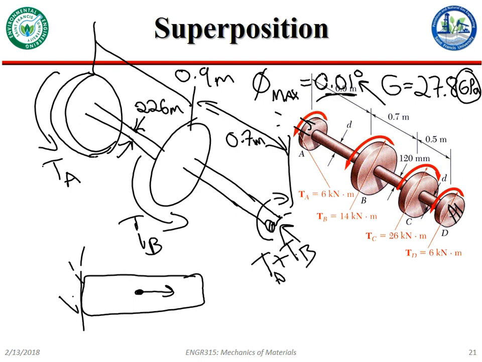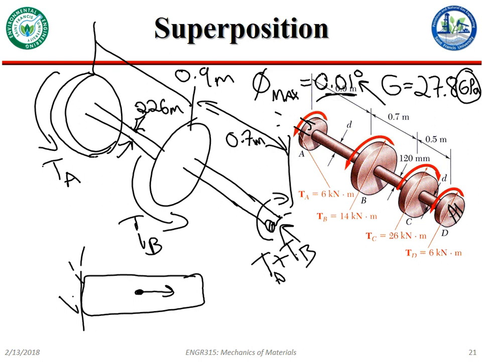I can use the same method that we used before to solve a statically indeterminate system in torsion, which we're not going to do today. Cool. So that's all I got.